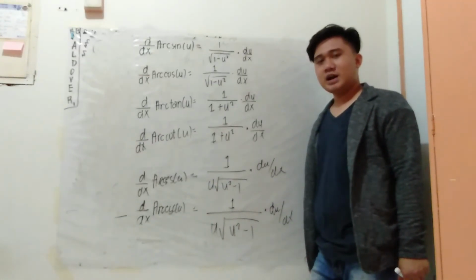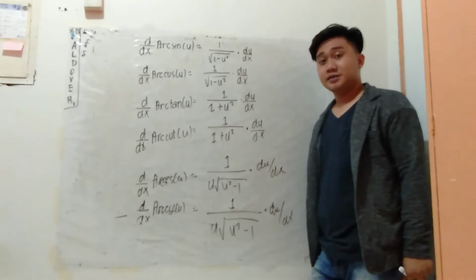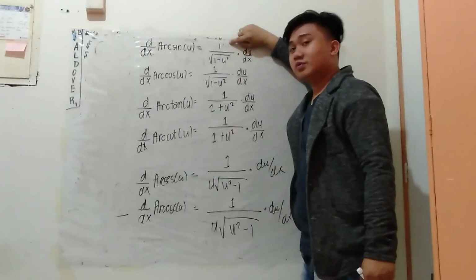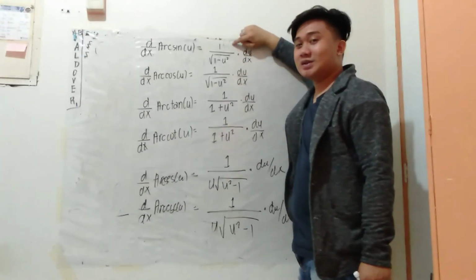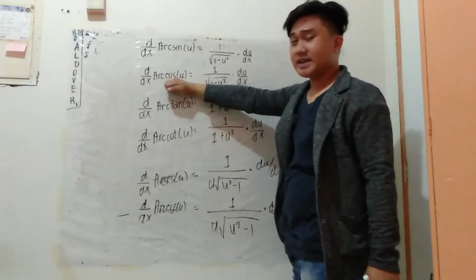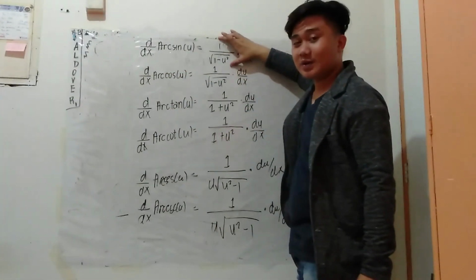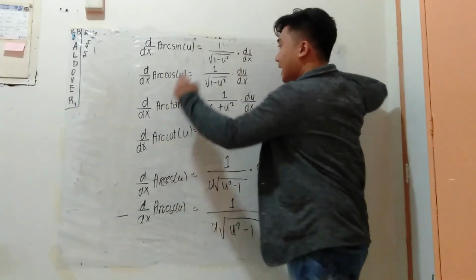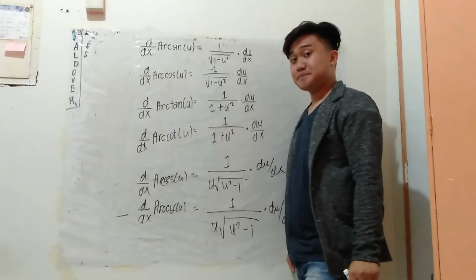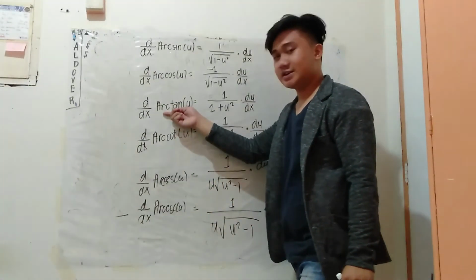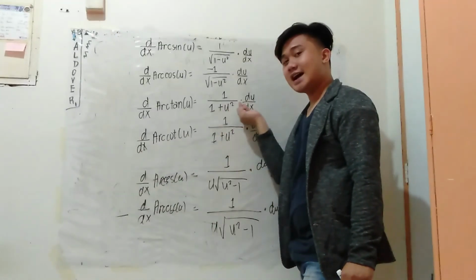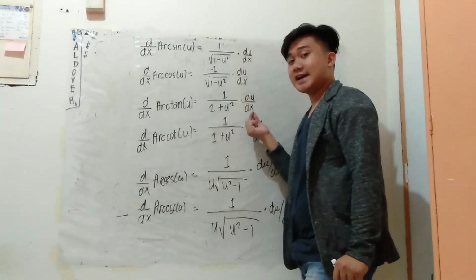So let's have a recap of the formulas which we have used. For the arc sine of u, you have 1 all over square root of 1 minus u squared times du over dx. For the cosine, just copy the one for arc sine and negate it. Okay? Next, with arc tangent, that is 1 all over 1 plus u squared times du over dx.